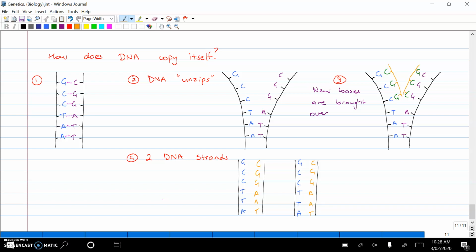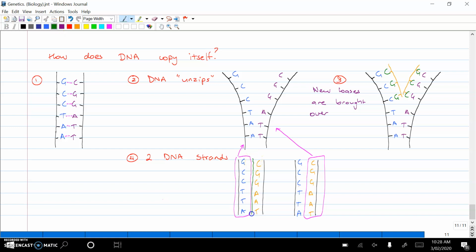It unzips down the middle. The corresponding complementary pairs are brought over to each side of the DNA, and you end up with two DNA strands. This side over here is this side over here. Those are our original two sides.